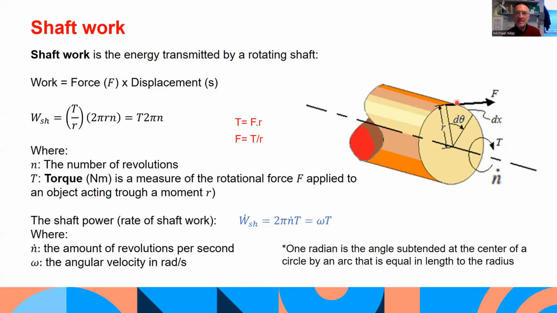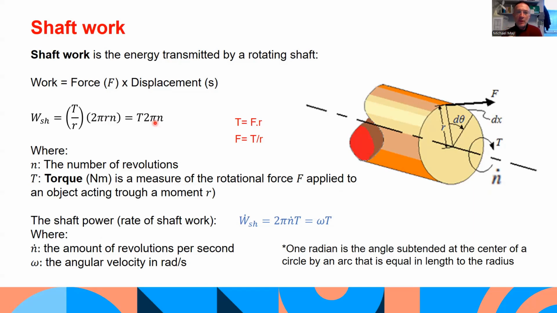Now, the distance that the point the tangential force is acting upon makes in one revolution is 2 pi r, and then the total distance it makes is 2 pi r n, with n being the absolute number of revolutions. So we put 2 pi r n into the equation for displacement. We notice that the r's cancel, and we're left with torque by 2 pi n for the shaft work.